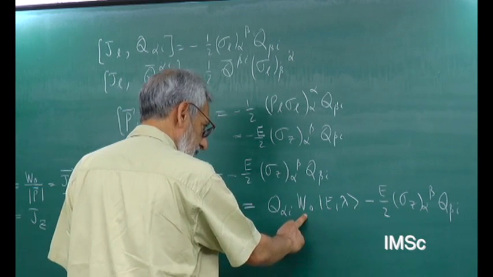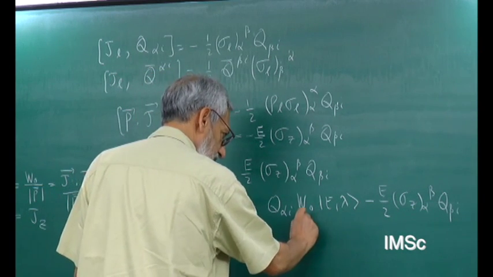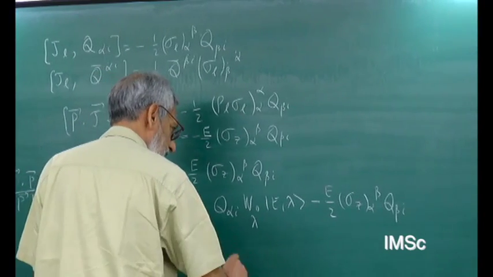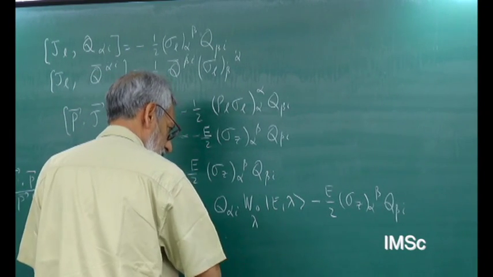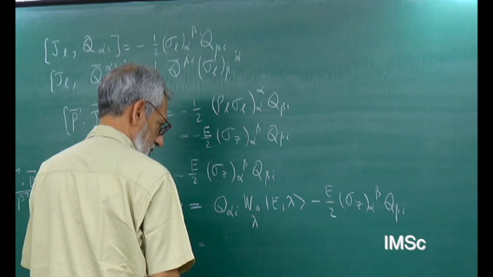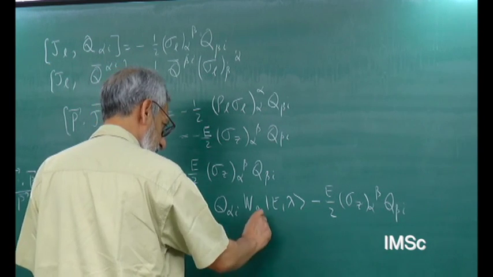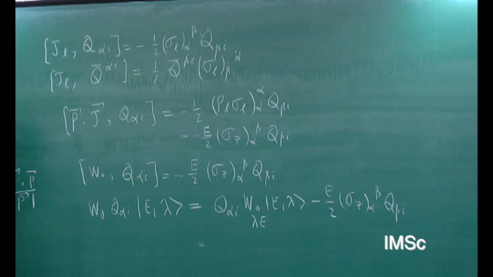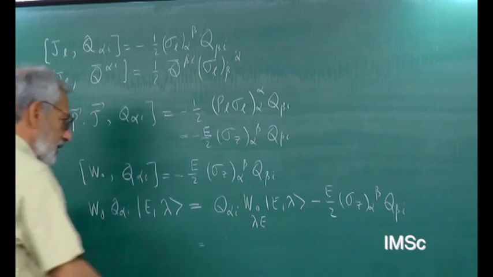And this object W0 is lambda acting on this. So you replace it by lambda, and let me write this now. This is lambda times E, so take E out.